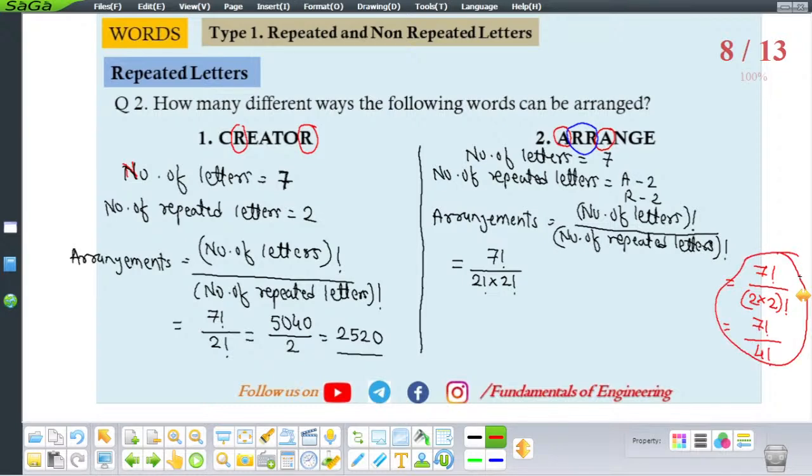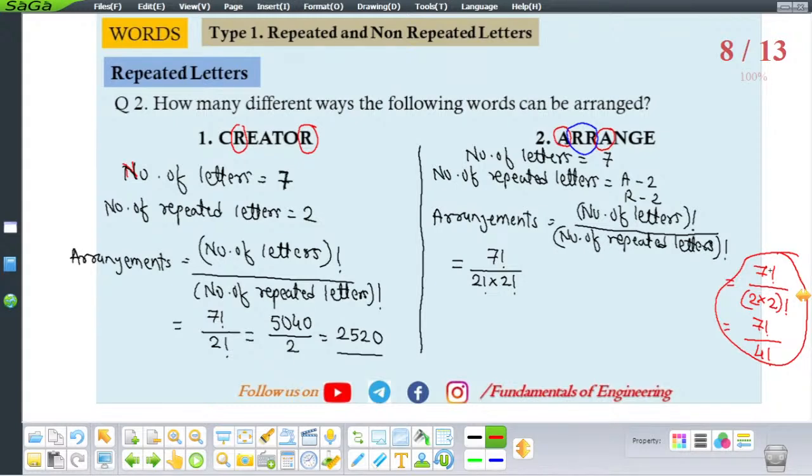Yes, 6 factorial value is 720. There is a lag in the chat, that's why I am getting that problem. So 1260, that is the correct answer. But you can't take this step. 2 factorial, A is repeated twice and R is repeated twice.